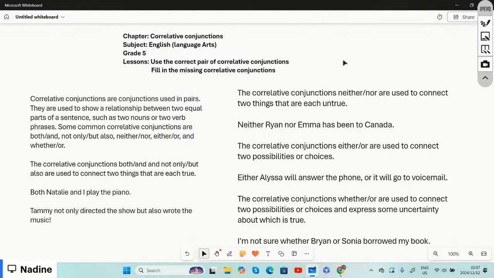And they are used to show a relationship between the two equal parts of a sentence. Remember, the correlative conjunctions show a relationship between two equal parts of a sentence.